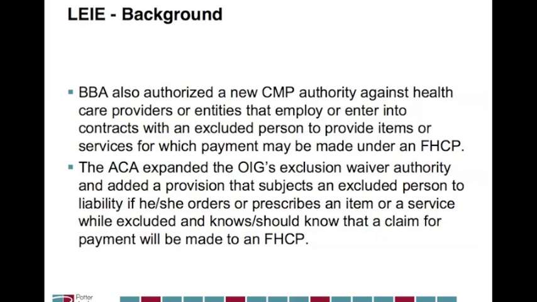So the point of the list: if a provider engaged in some type of misconduct related to a federal health care program, the government has the authority to put them on a list of excluded providers, and eventually the law provided that people who employ or contract with an excluded provider could likewise be sanctioned under the LEIE authority.